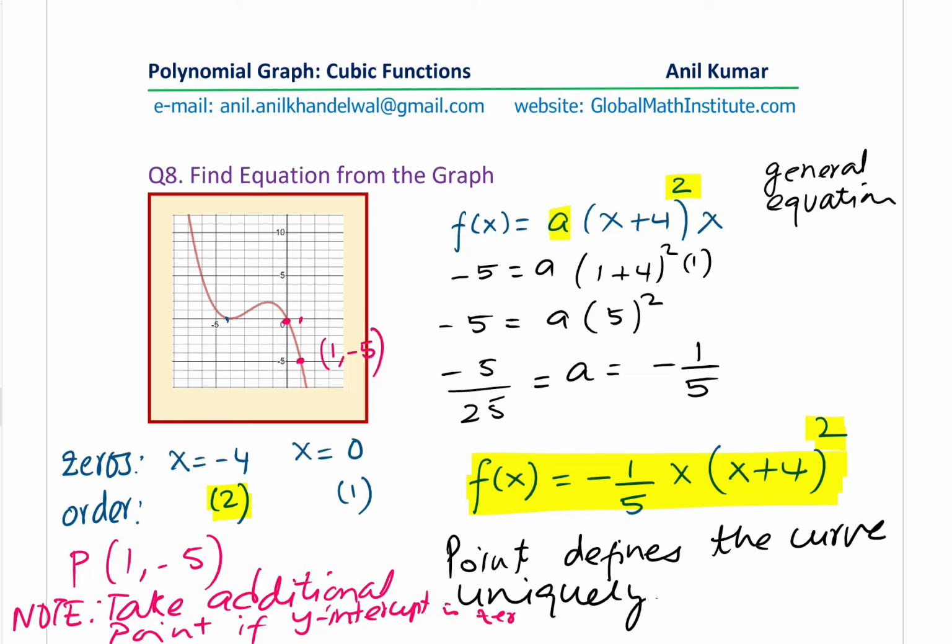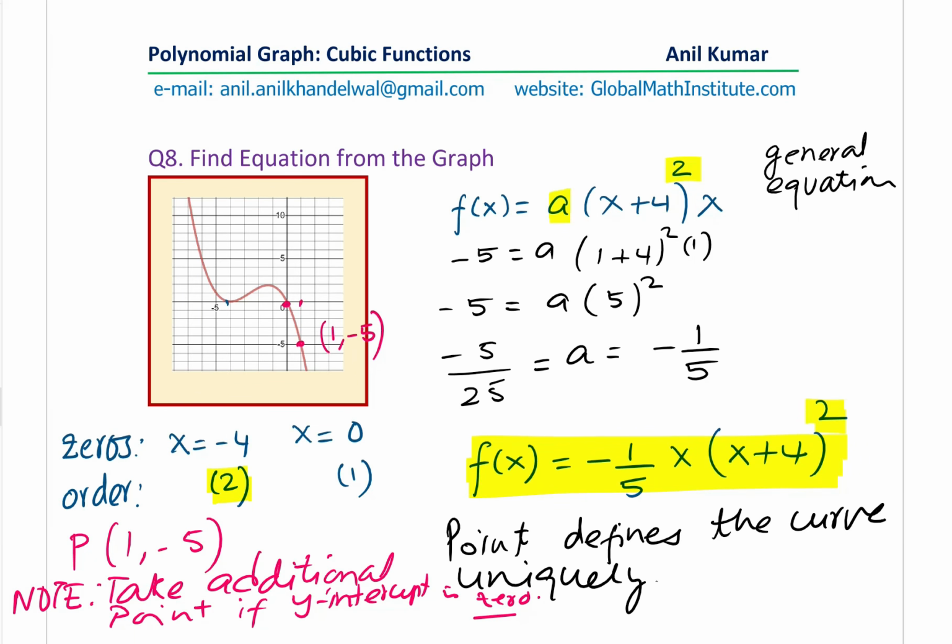Okay, let me just push it in here. Perfect. Does it make sense to you? So in this case, the y-intercept was at the origin, and therefore we had to take an additional point to really define our function. So that helped, right?